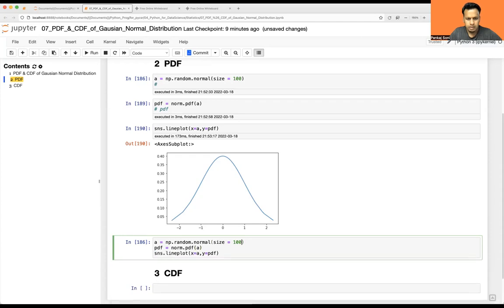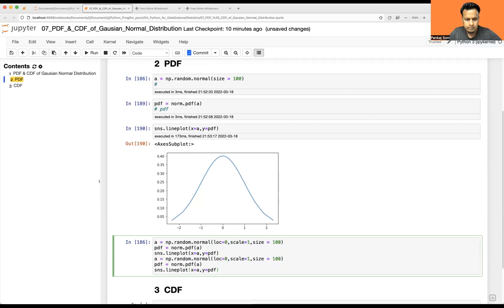So assume that I'm just using LOC equal to 0 and scale equal to 1. That is what we saw, right? Default. So I'll take PDF A. Let's take this as B, and here scale will be, let's say, 2.